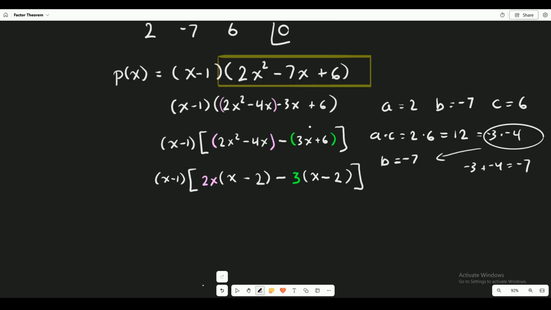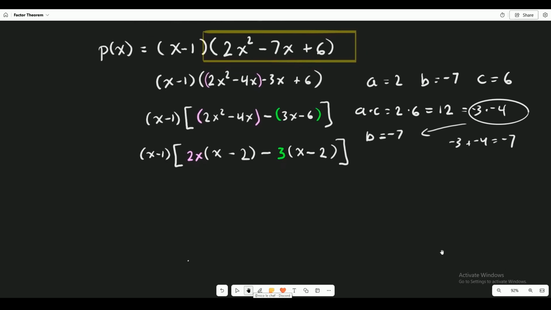Wait. I need a negative here because negative times negative is a positive. My bad. I'm sorry about that, guys. Right, here's a negative. All right, now it makes sense. I was noticing something a little wrong. Apologies for that. If you caught it, good on you. Now let me check it. Negative 1 times 3x. Yeah, I can extract the 3. All right, we're good.